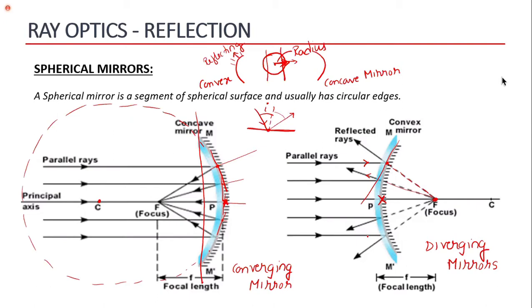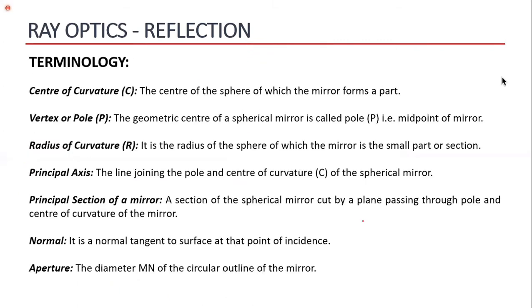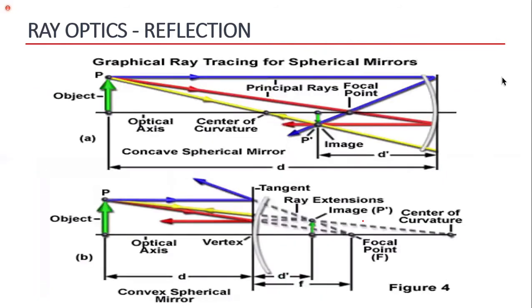So concave mirror, you will get a real image or a virtual image. Real image, and we'll see that later. I'll be giving you all that. Understood now? So you understood the tangent and all, right? Clear?